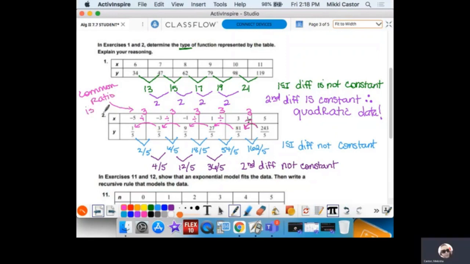And it stays constant. Therefore, because my common ratio is staying constant, what kind of data is this? This is exponential.